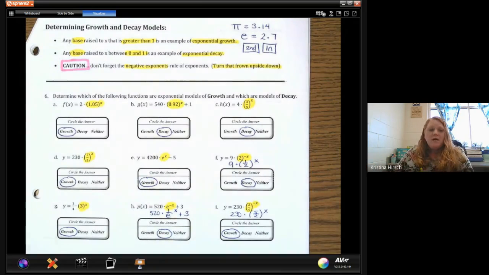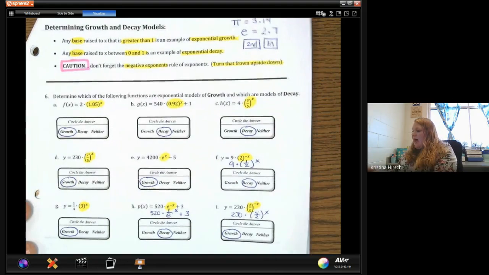And 5 over 2 is 2.5, and that would be an example of growth. So again, you're going to have some of these different models, and you're going to have to determine, is it growth or is it decay, just by looking at it. So make sure you know how to find the base and the exponent that goes along with it. That's how we can determine a growth and a decay model.